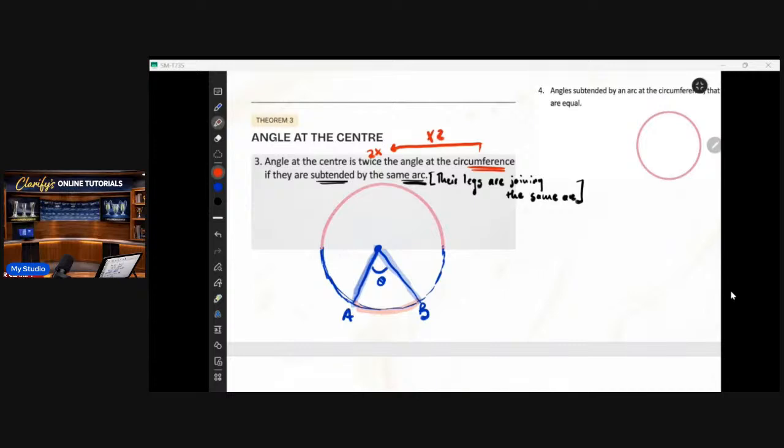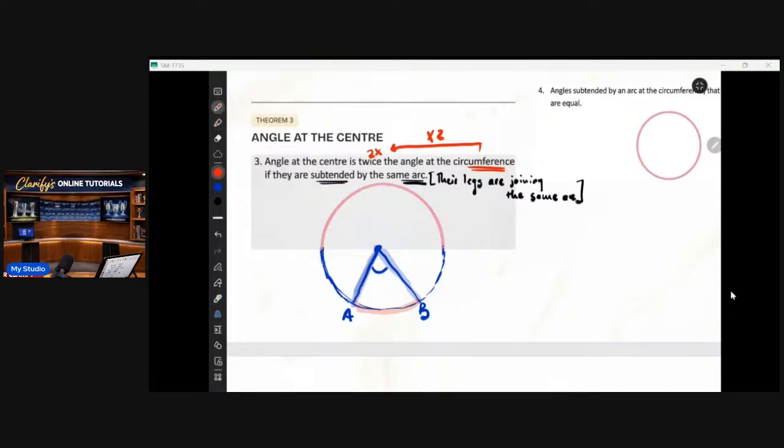It is being made by arc AB because one leg is at A, the other one at B. I'm teaching you what we say. We say the angle is made by arc AB because one leg is at A, the other is at B. That's a very important thing.